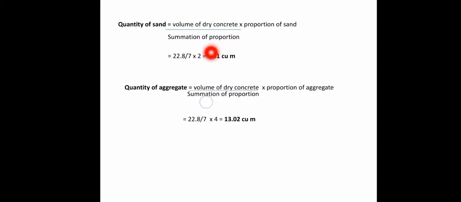So multiplying it with 2, that gives 6.51 cubic meter sand quantity. Now quantity of aggregate. Volume of dry concrete upon summation of proportion into proportion of aggregate. Substituting the values, we get 13.02 cubic meter quantity of aggregate.